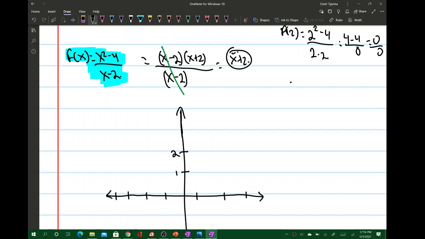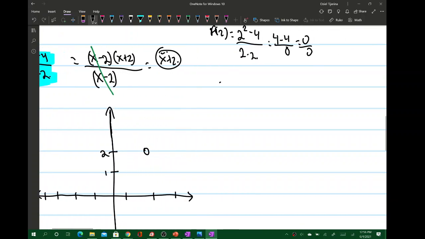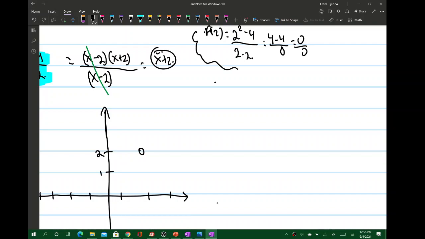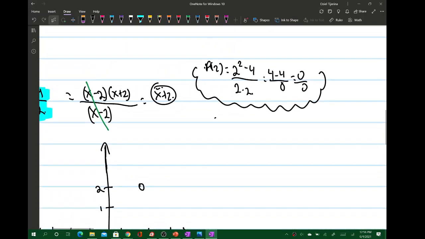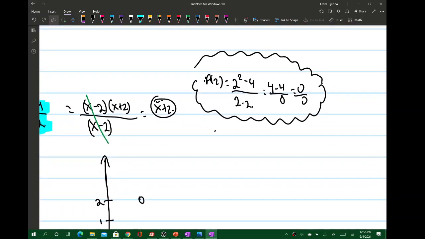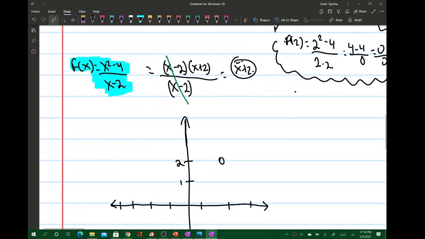But at x equals 2, it's undefined, because again, we did it over here. So you really have to be very careful when you're doing that, because just because it cancels out doesn't mean that the value at x equals 2 exists. Okay.